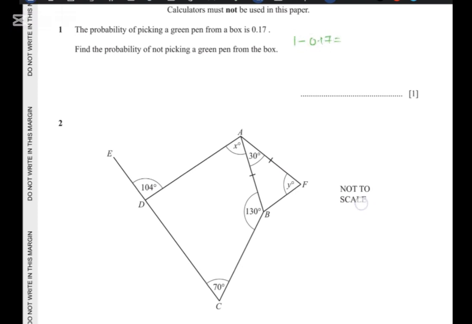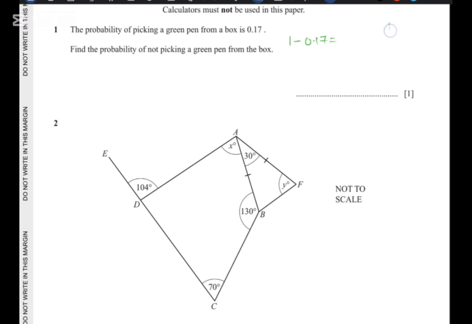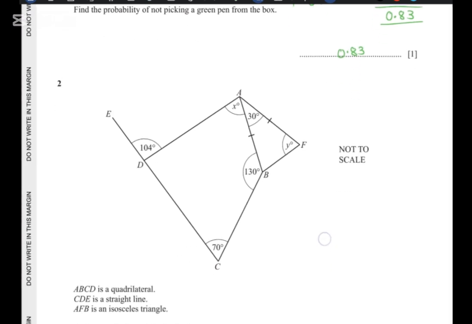So 1 is 1.00, minus 0.17. 10 minus 7 is 3, 9 minus 1 is 8, and this is 0. So 0.83 is the answer. So the probability of not picking the green pen is 0.83. Question number 1 is over.